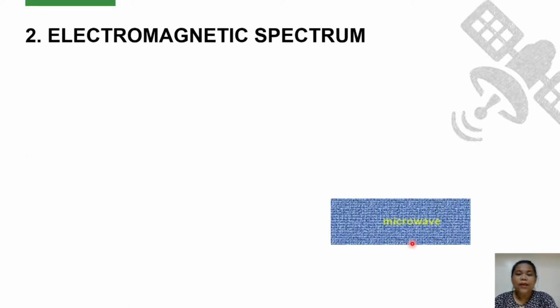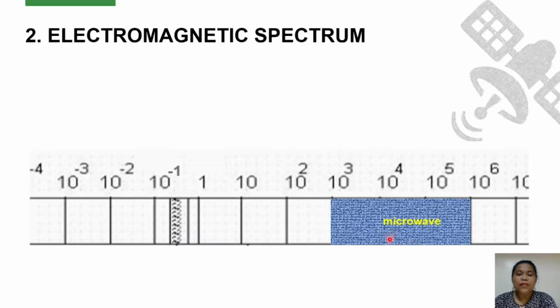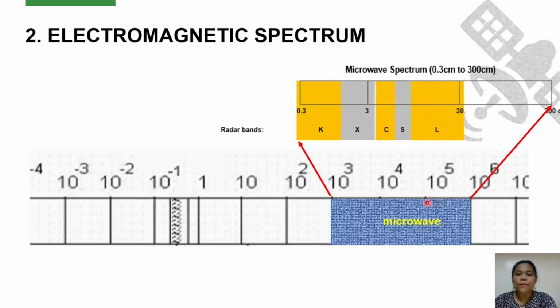Likewise, the microwave region is divided into several regions. We have K, X, C, S, and L. These are basically the radar bands. We will not discuss them further because there is a separate discussion about radar bands.